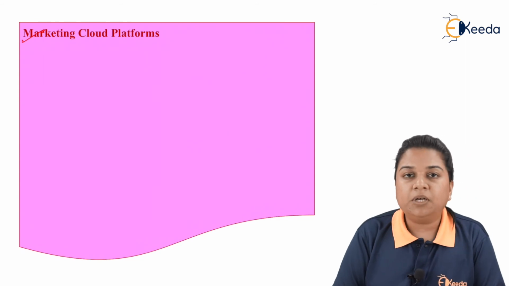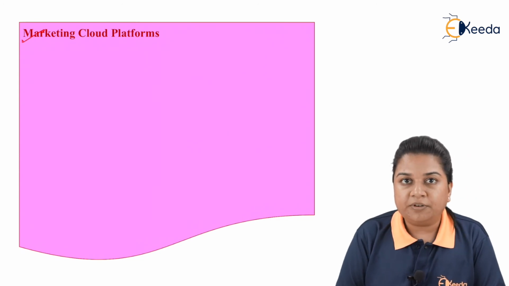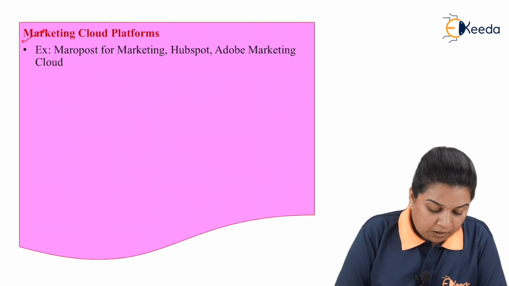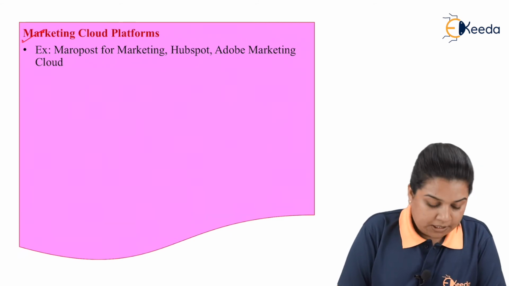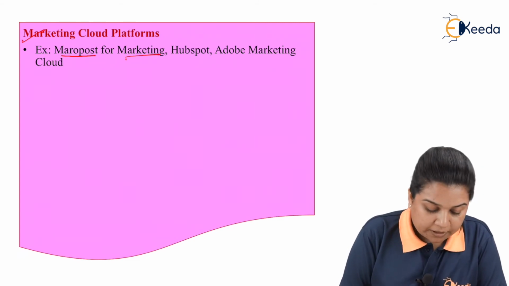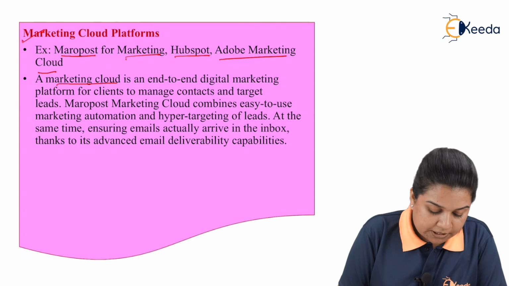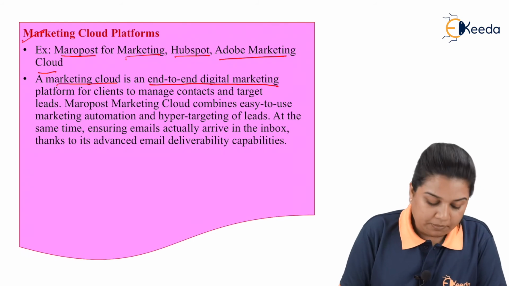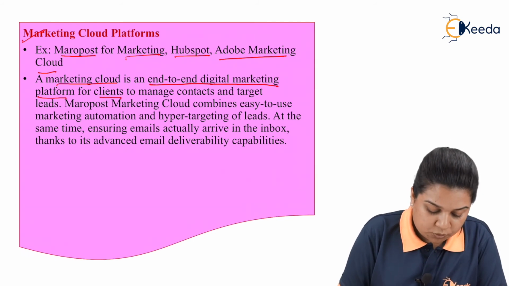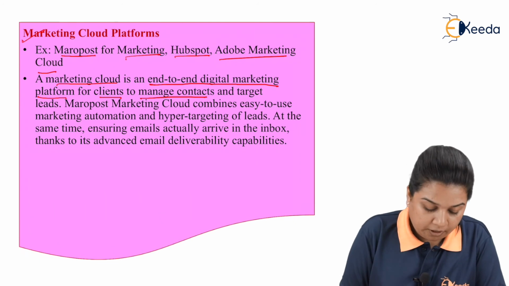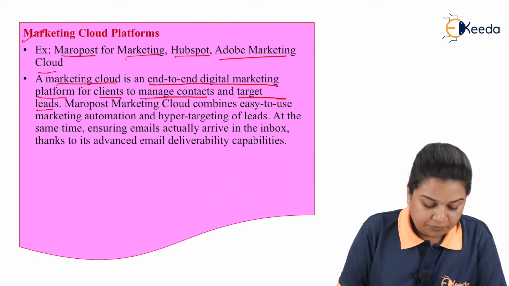Marketing cloud platforms are another business scenario for infrastructure as a service. Examples for this are Marrow Post for marketing, HubSpot, Adobe Marketing Cloud, etc. A marketing cloud is an end to end digital marketing platform for clients to manage contacts and target leads.